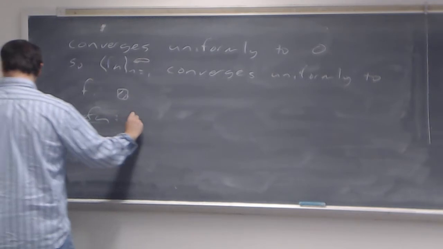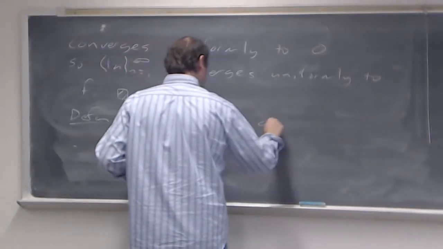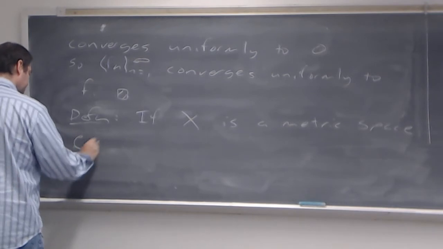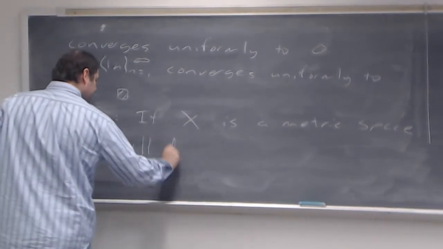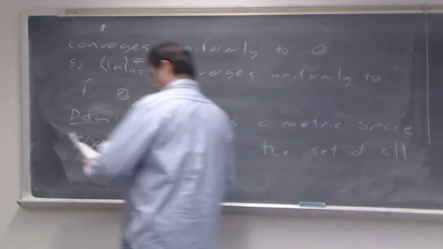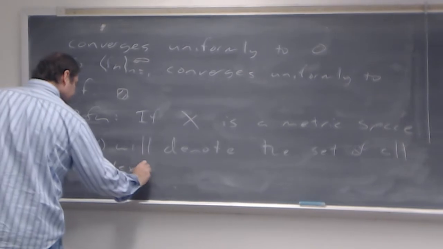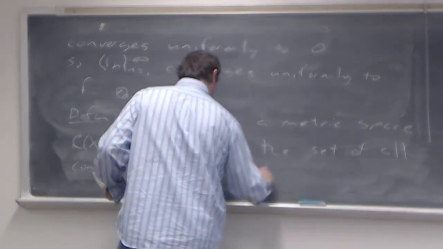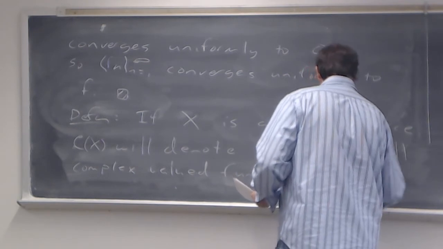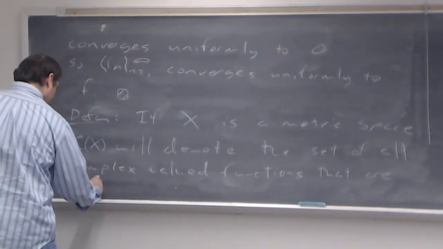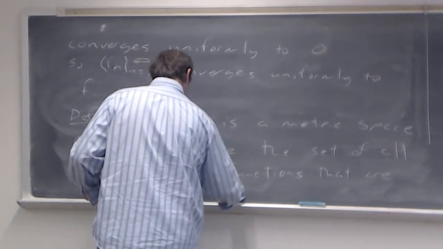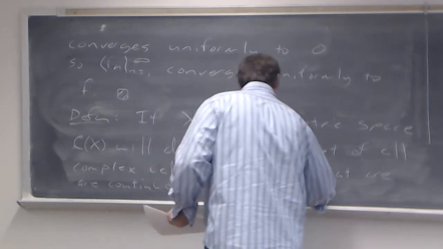So the first definition says if X is a metric space, then C sub X will denote the set of all complex valued functions that are continuous and bounded, whose domain is X.